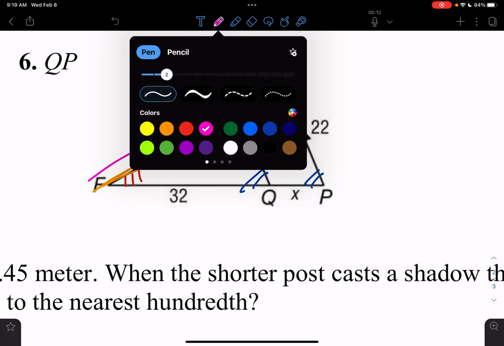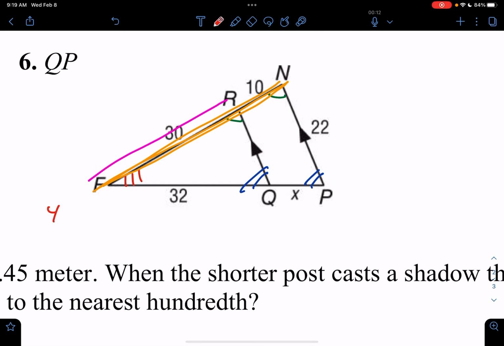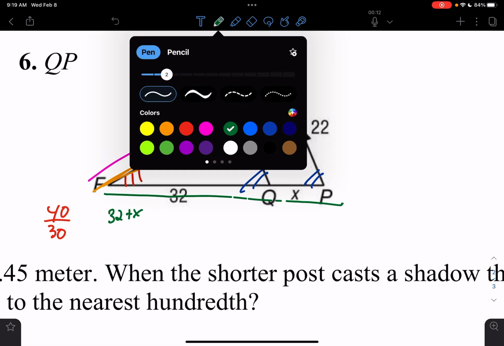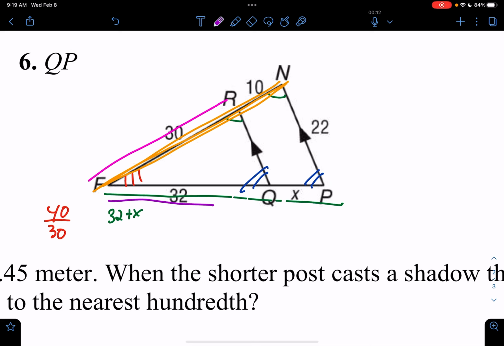So I will say 40, which is the long, is to 30, just like the other side. I have the long, which is going to be all that, 32 plus x, is to the short of the other side, which is just the 32.